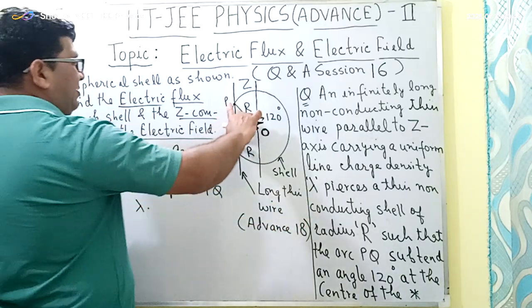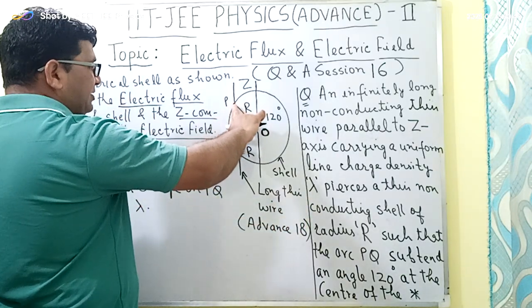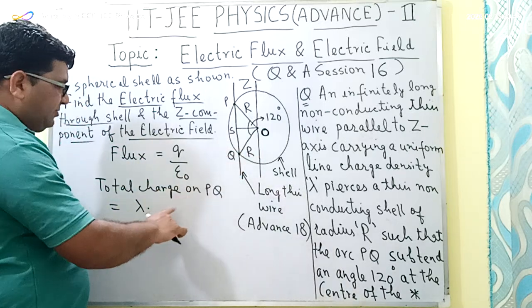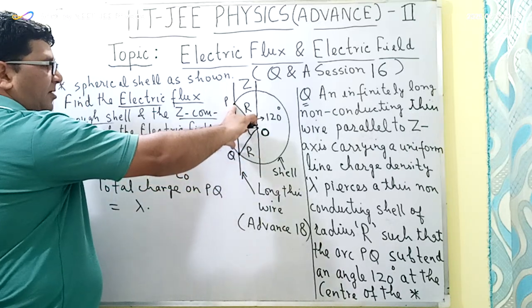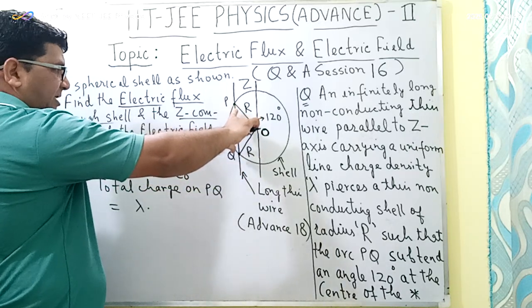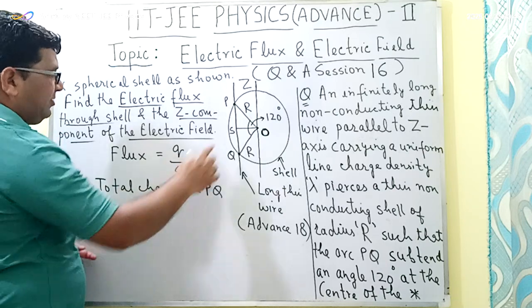So if I am able to find the length of PQ, then the total charge on this wire segment will be equal to lambda into PQ.